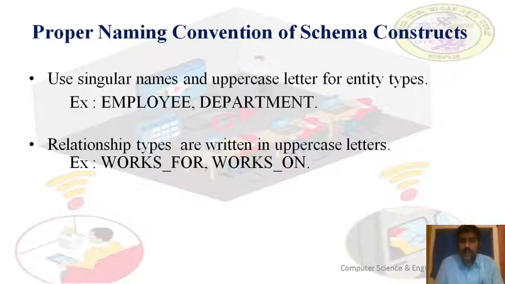We have the symbolic representation. Now we have to specify proper naming conventions of schema constructs. For example, when we specify an entity, it has a rectangular shape, and the naming convention for an entity type is a singular name in uppercase letters, for example employee and department.